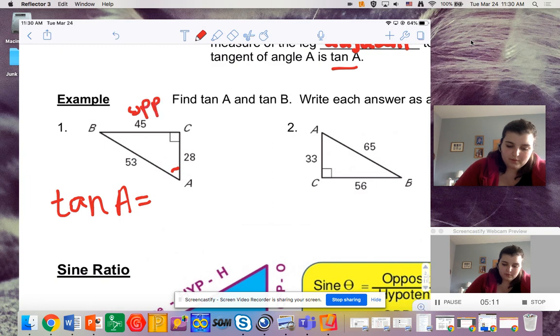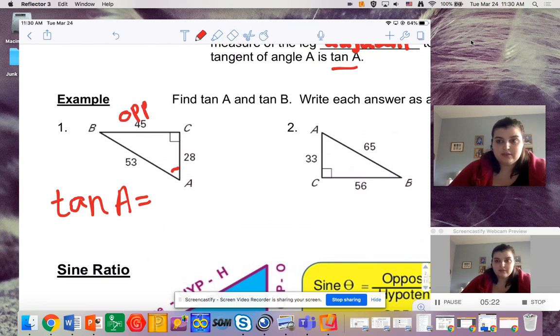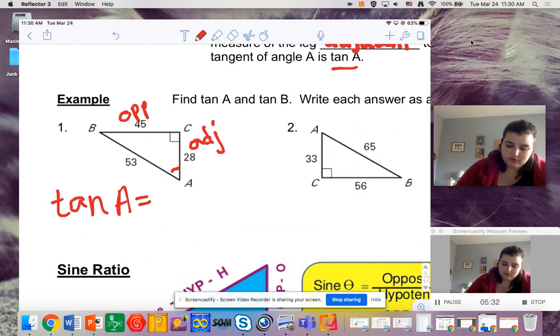Okay. The side adjacent to A, so next to, is going to be the 28 because 53 is the hypotenuse, so that's always its own thing. Okay, so that ratio, opposite over adjacent, is 45 over 28.